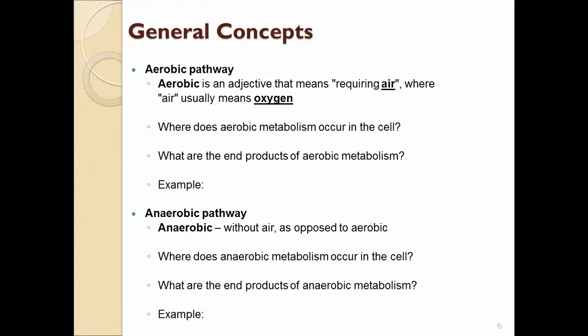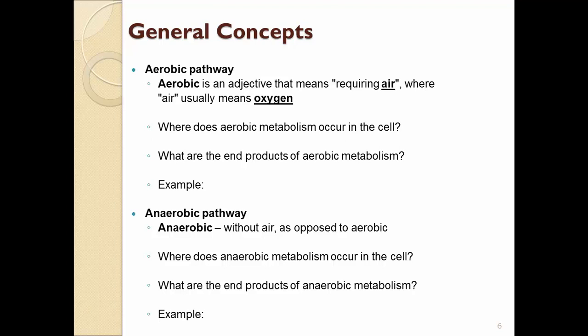And also another concept about the aerobic pathway and anaerobic pathway. So aerobic pathway means a pathway that requires oxygen or air for the process. For example, the oxidation process, right?